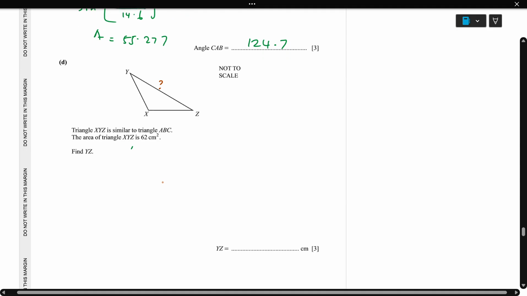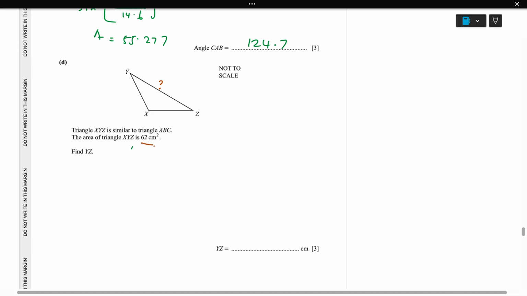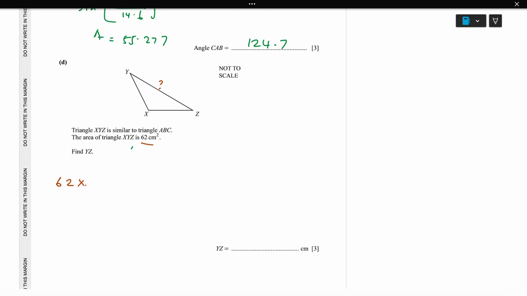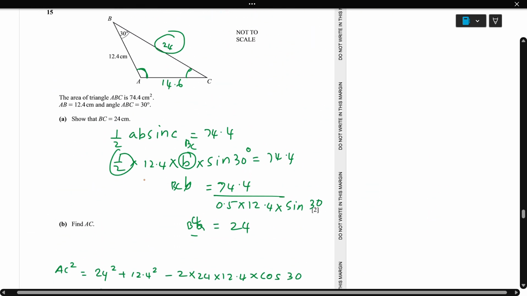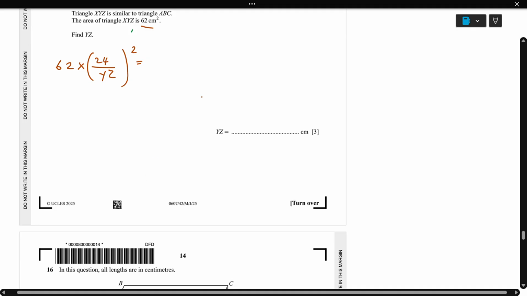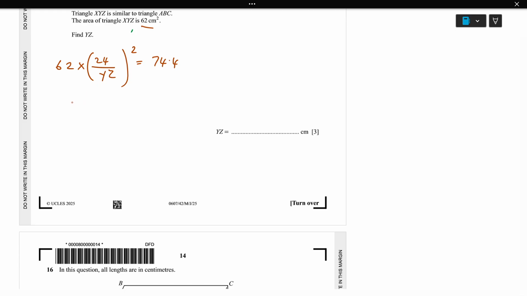As we know, for the scale factor we just divide the corresponding sides. So the area ratio is 24 over YZ, whole squared, equal to the bigger area already given, which is 74.4, over 62.